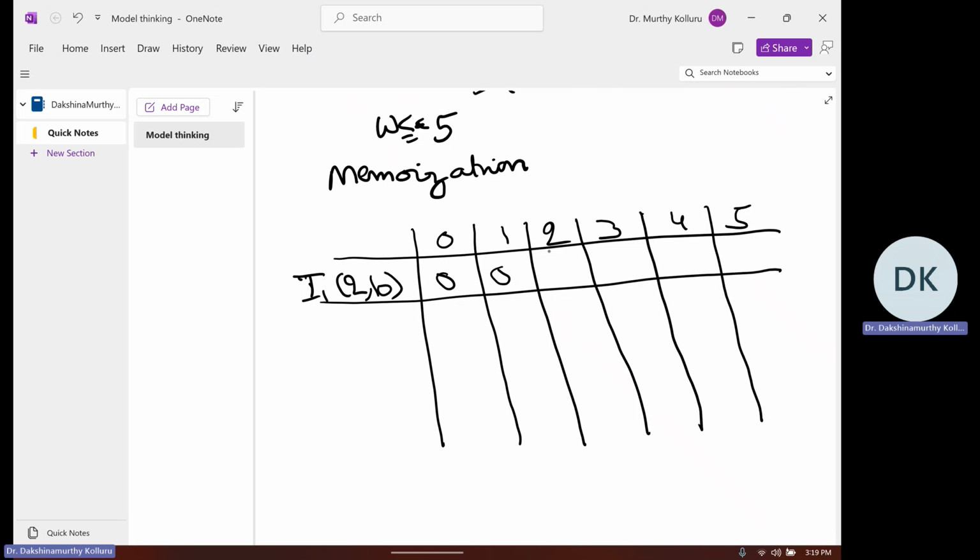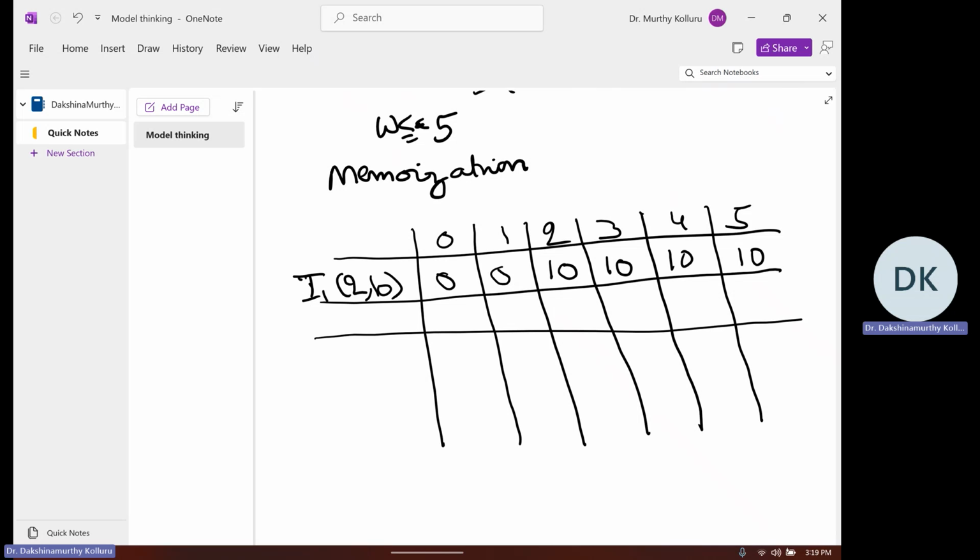If it allows 2, my product weighs 2, I can take that, and if this is all I have, I'll get a value of 10. Even if it allows 3, 4 or 5, if all I have is this, I can only take that item. So my value is 10.